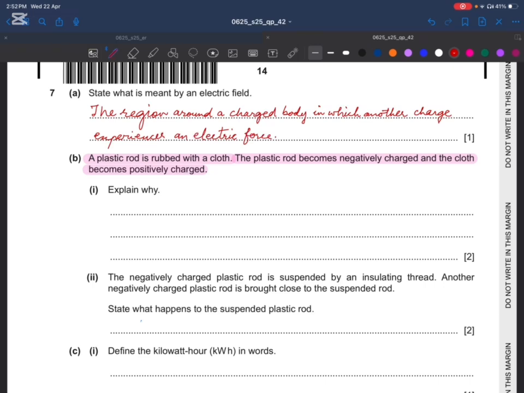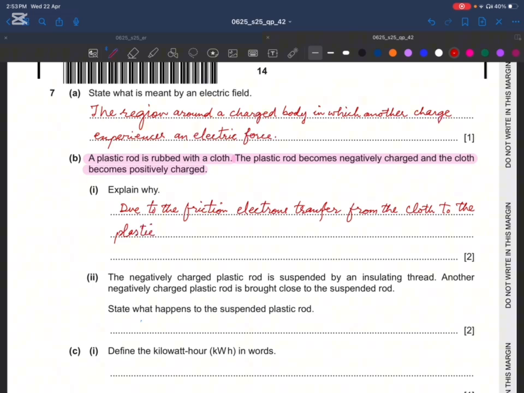So what is happening actually over here? Simply you can say due to the friction, electrons are transferred from the cloth to the plastic rod.